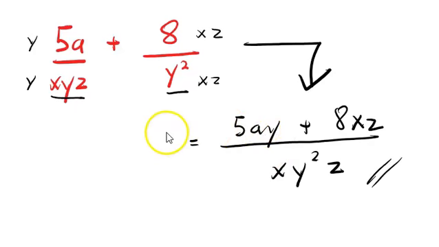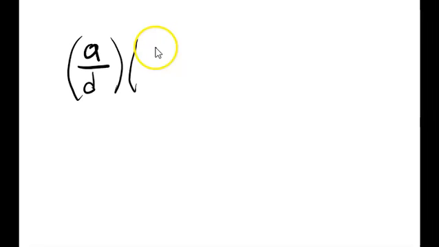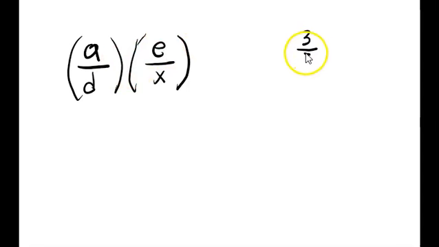Now next we are going to multiply. Okay, now we have a over d, and we multiply with e over x. So the concept of how to multiply here is similar to numbers. Now how do you multiply 3 over 5 with, let's say, 6 over 7?